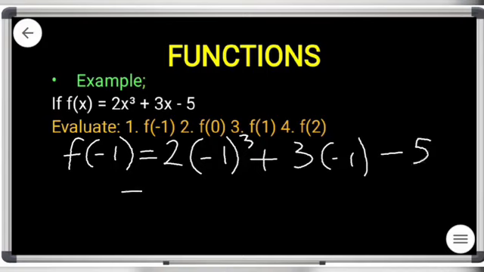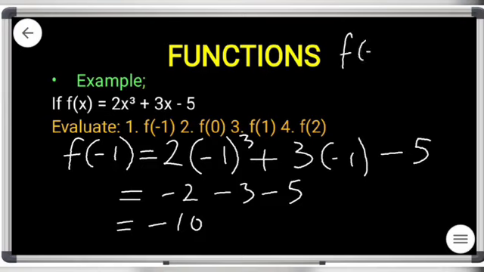Now, minus 1 raised to power 3 is minus 1. So, minus 1 times 2 is minus 2. Then minus 3, minus 5. Adding everything together, we have minus 10. So, f of minus 1 is equal to minus 10. It is the value of y.